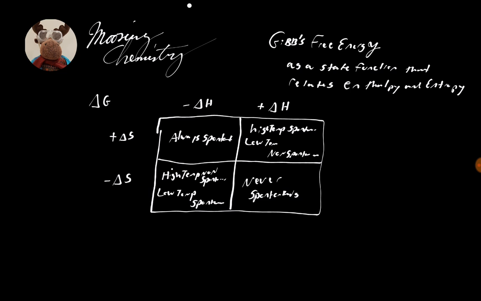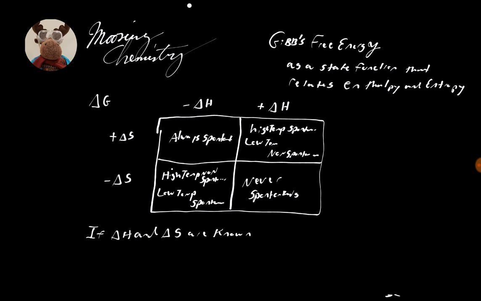Is there another equation that we can use? There's one other possibility. For example, if delta H and delta S are known, there's another version of the Gibbs equation that you can use.